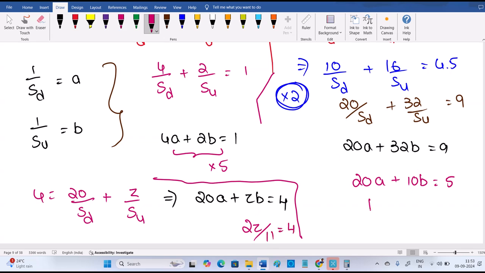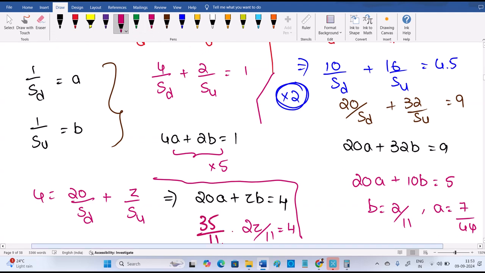Then what is the A value? B is 2 upon 11, means 4 upon 11 here. 1 minus 4 upon 11 is 7 upon 11. So 7 by 44. A will be equal to 7 divided by 44. So 20A: 4 11 times, 4 5 times, 5 into 7 is 35. 35 divided by 11.